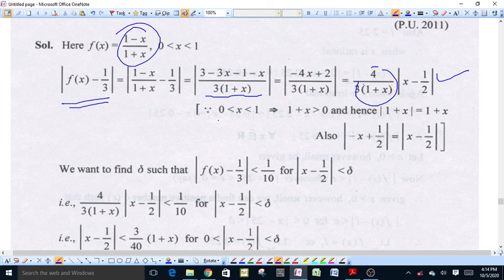Because x lies between 0 and 1, therefore 1 + x is positive, hence the modulus of 1 + x is equal to 1 + x.